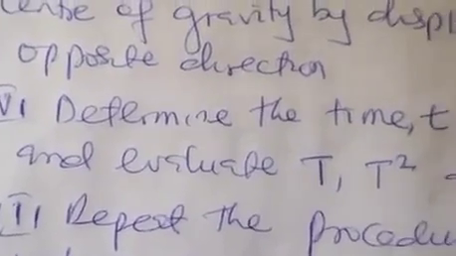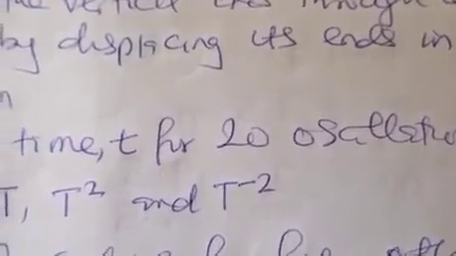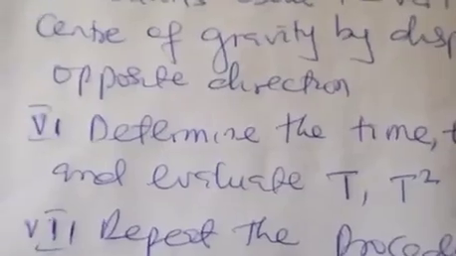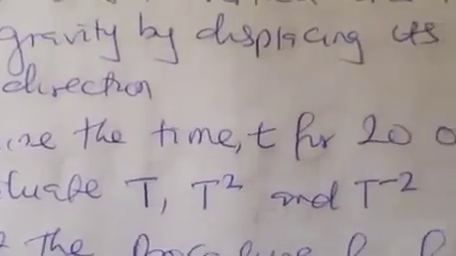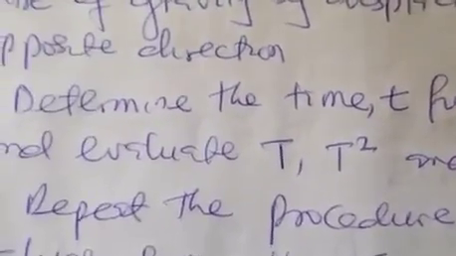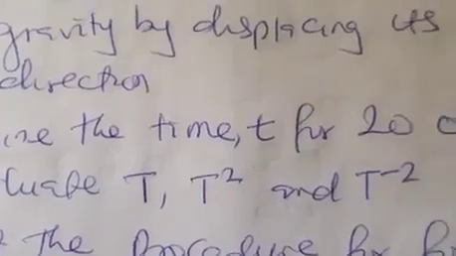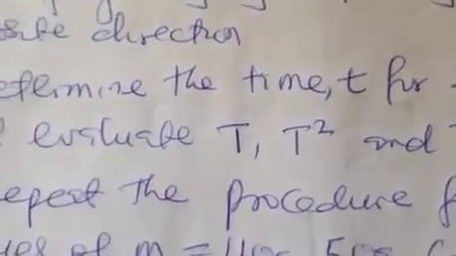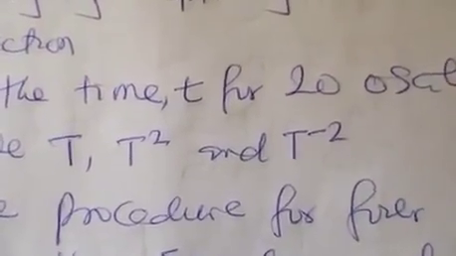Then VI, determine the time t for 20 oscillations. So make it oscillate 20 times. You have to switch on your stopwatch as the oscillation begins and evaluate T, capital T. The small t is the time for 20 oscillations. The capital T is the period. Capital T, the period, is the time for oscillation over the number of oscillations. Then the period squared and the inverse of period squared.